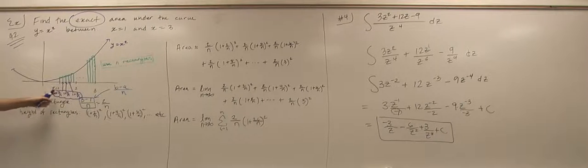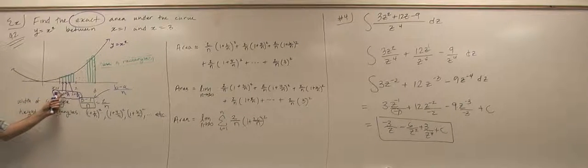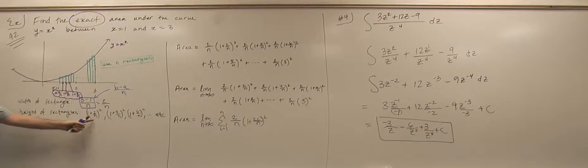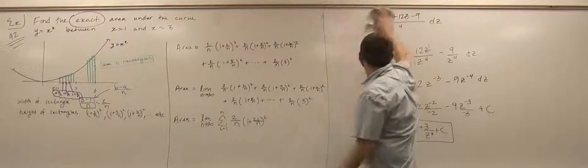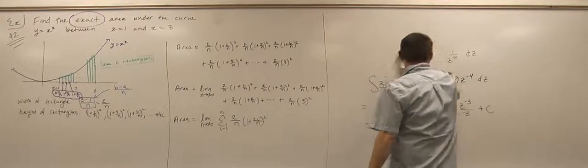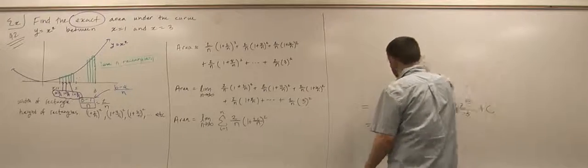And then where did these endpoints come from? The 1 plus 2 over n, 1 plus 4 over n, 1 plus 6 over n that I'm using for the endpoints of my rectangles. Starting at the left and then you add the width of the rectangle.